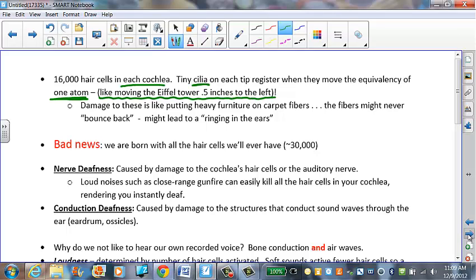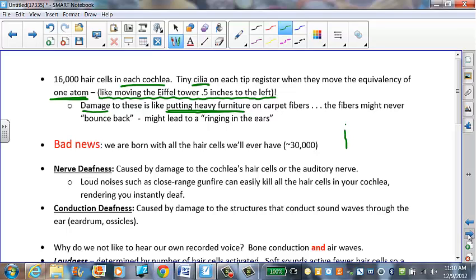We can detect that sound. So damage to those hair cells is like putting really heavy furniture on carpet fibers. They may never bounce back, which might lead to a ringing in the ears, which you might have after leaving a loud concert. That ringing in the ears is called tinnitus.